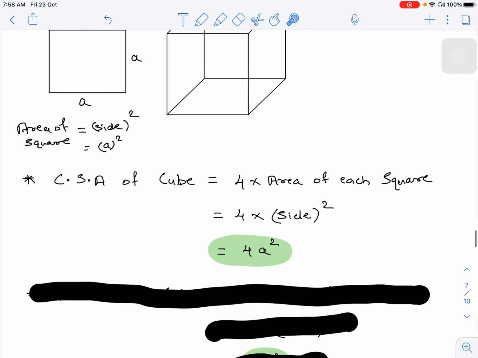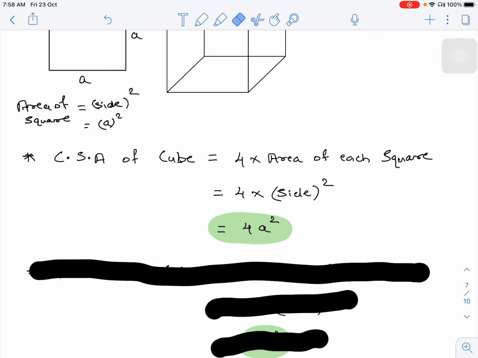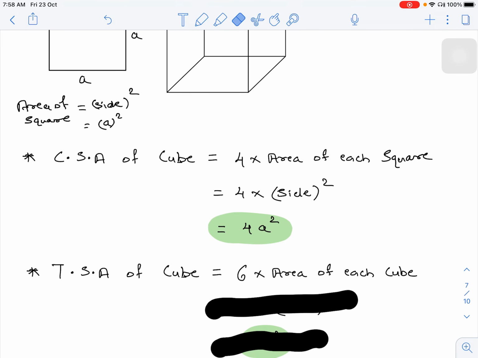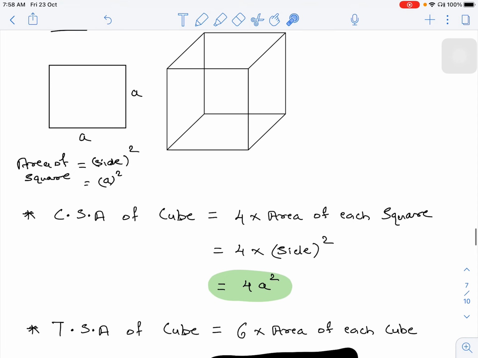Now, after CSA, let us see how to get the formula for TSA. We know that in total surface area, we are considering the side faces, and at the same time the top and bottom. So you know there are six faces in a cube, and each face is a square.